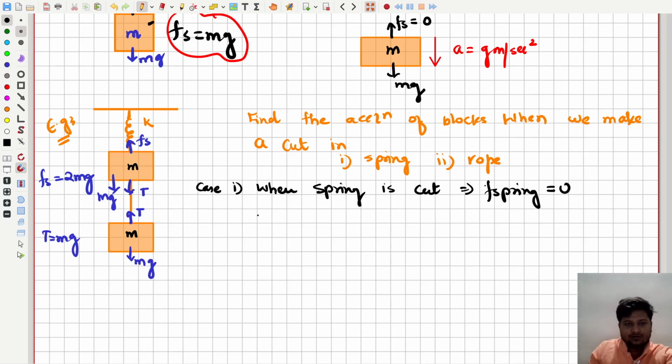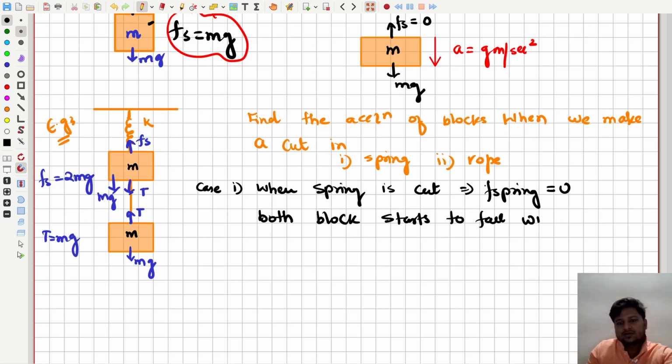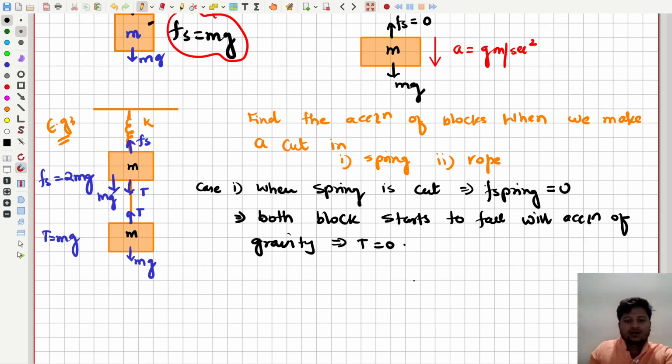And therefore we'll write both blocks start to fall with acceleration of gravity, which makes the tension T equal to how much? 0. Is that clear now?